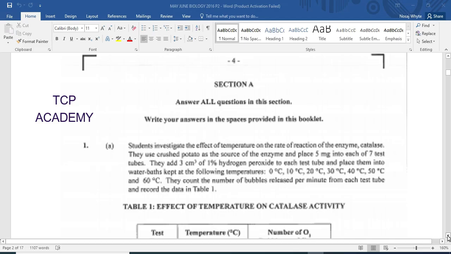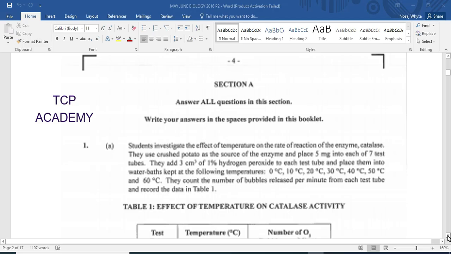They use crushed potato as a source of enzyme and place 5 milligrams into each of 7 test tubes. Here you'll realize that of course potato has protein if it contains enzymes.